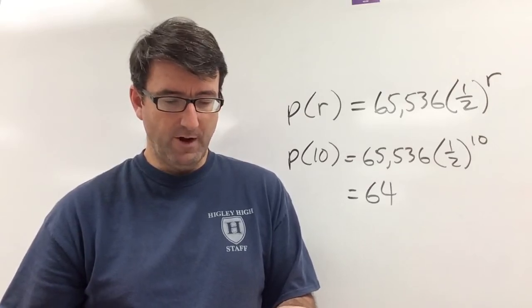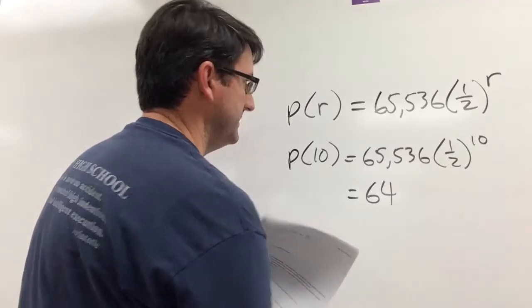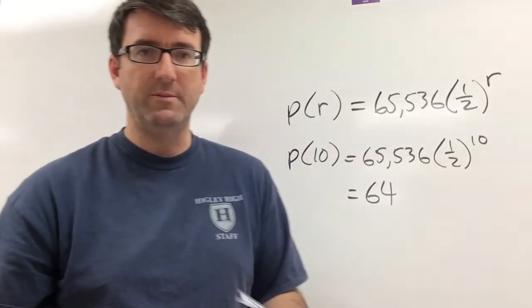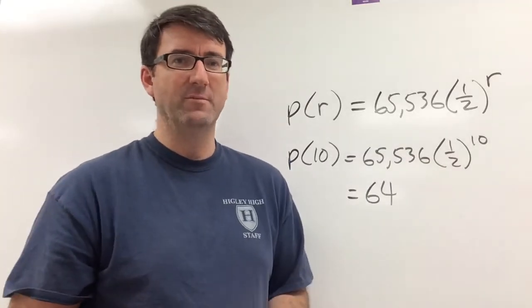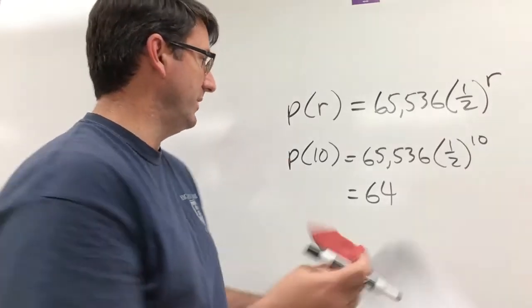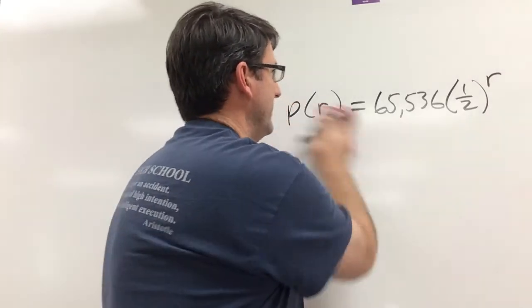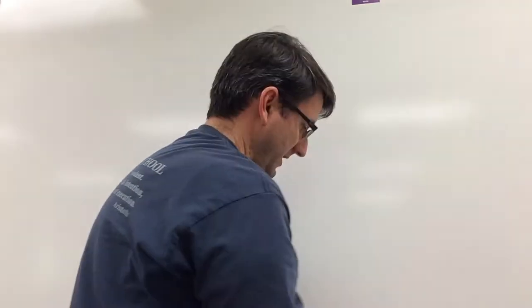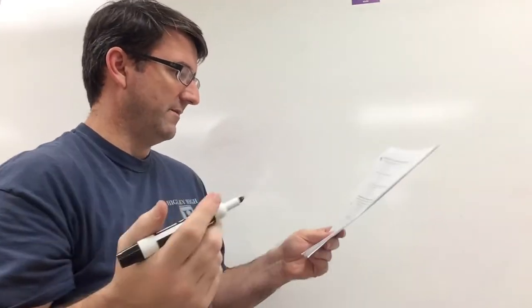All right, now for 24, we could just keep experimenting with this, keep plugging in numbers until we get to the end. Or we could solve this using logarithms. Let me show you how we would solve this with logarithms.